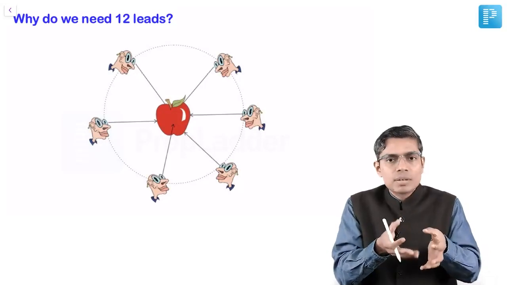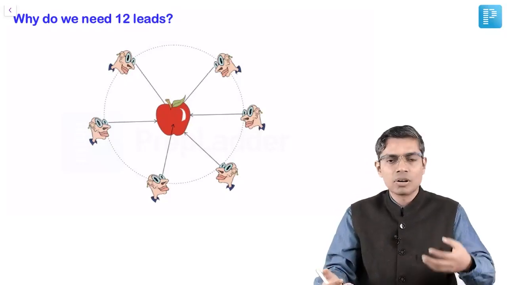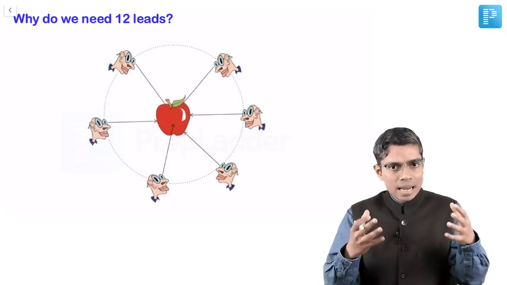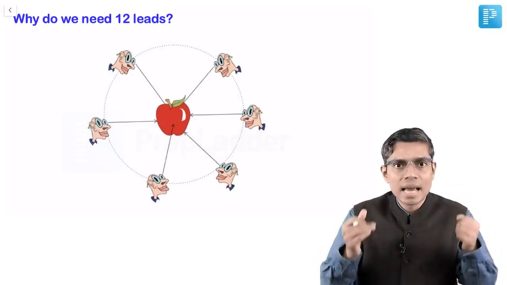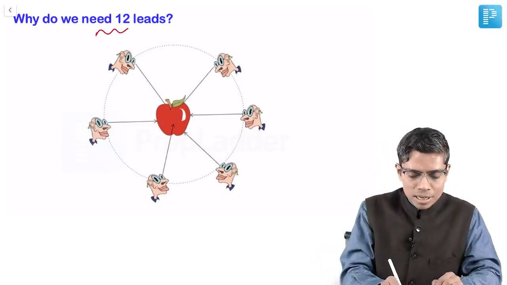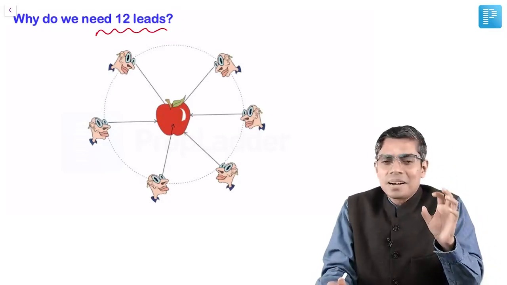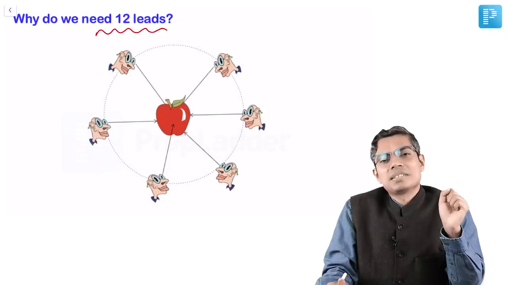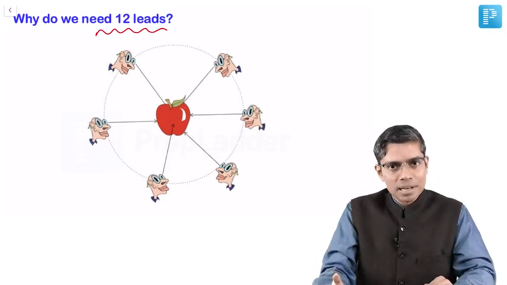If I want to understand which part of the wall is damaged due to infarction or ischemia, then I have to attach different cameras from different angles, and that is done by the 12 lead ECG. I told you already that leads are nothing but like video cameras. They are giving you images of different walls.